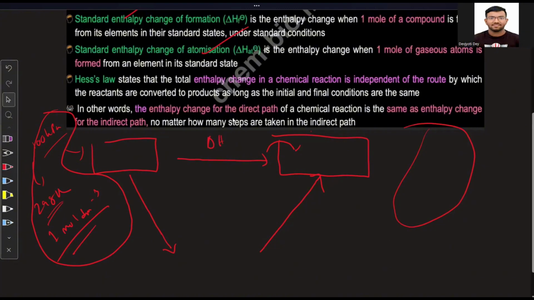So in other words, the enthalpy change for the direct path of a chemical reaction is the same as the enthalpy change through the alternative route. If you find the summation of these two enthalpy changes right here, this also represents one enthalpy change. That also represents one enthalpy change, but we don't know what type of enthalpy change they both represent.